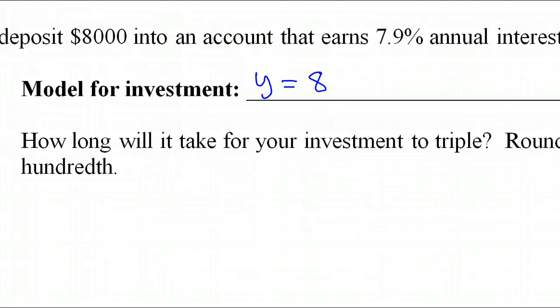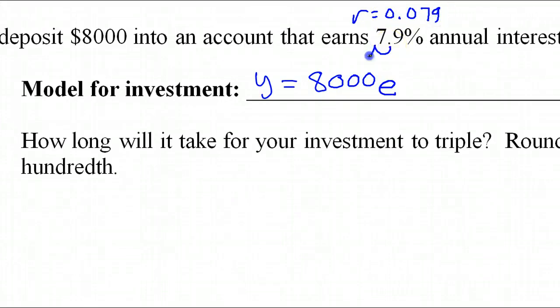So that's the P in PERT. And then E, now the rate, okay, this is 0.079. Alright, got to move the decimal twice. So 0.079. And then T, that's the model.